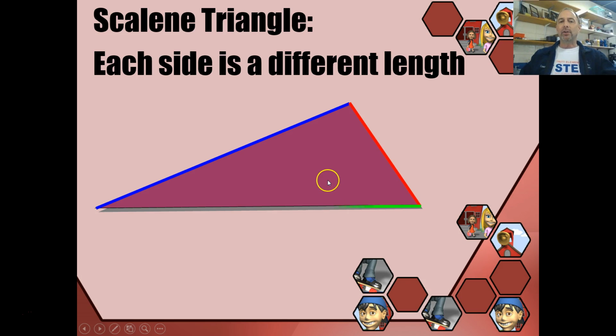Our next triangle is the scalene triangle. And each side on this triangle is a different length. Probably the more difficult to spot, and this is probably the easiest one that people will confuse with the right triangle. This one, not right. This, not right. But for some reason, this one in this corner tends to look like a right angle. It's not. And the way that you can tell is that with the scalene, the corner doesn't line up. This corner moves in on the longer line.